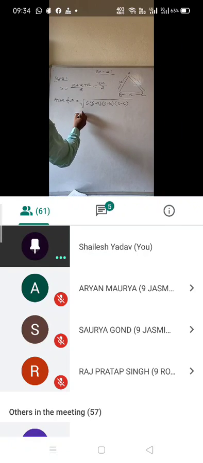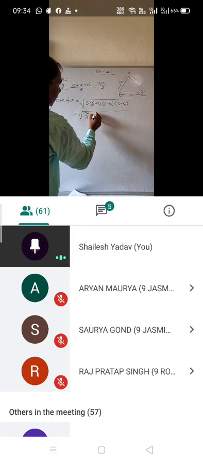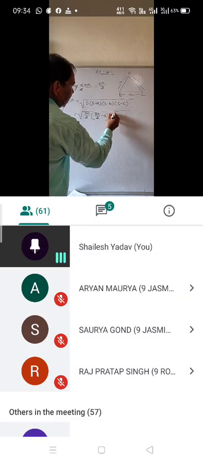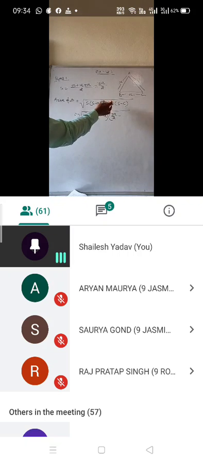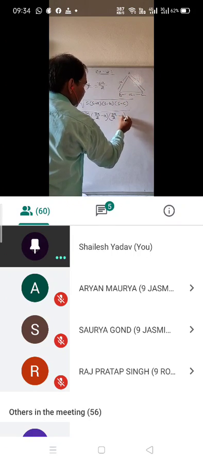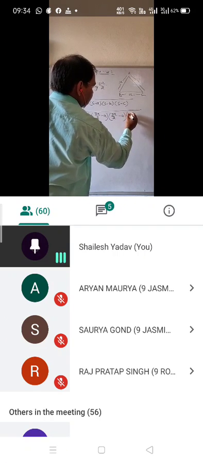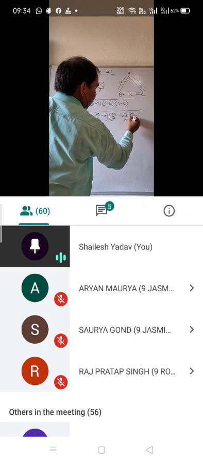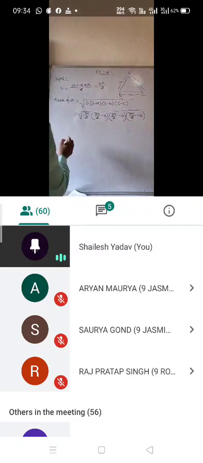So it is under root 3a by 2 into (3a by 2 minus a) into (3a by 2 minus a) into (3a by 2 minus a), as all three sides are a.